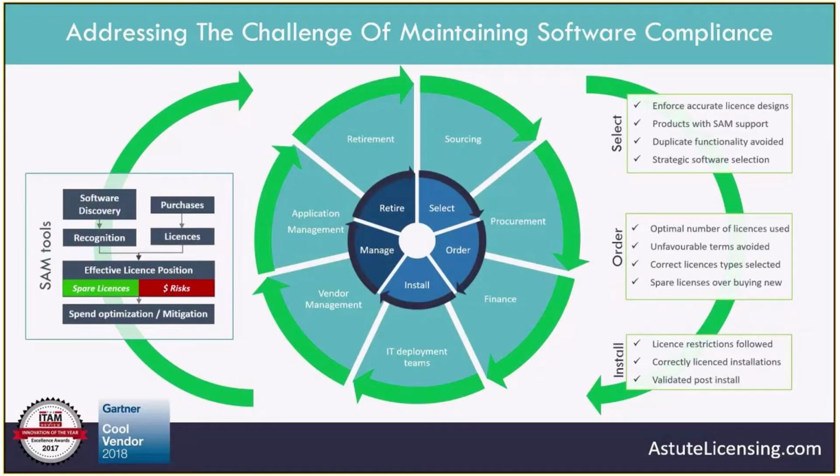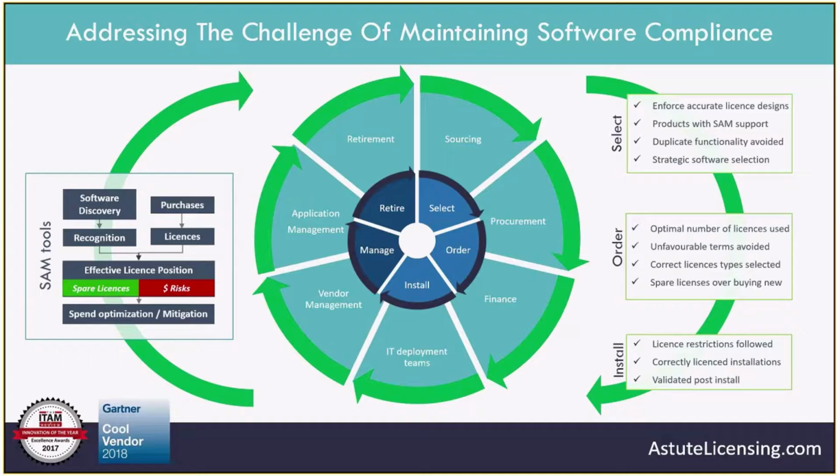So this is our view of how we need to help this, is that our software asset management governance, our IT asset management governance, supports the whole life cycle from start to finish. So we're helping the organization ensure that they get license designs correct, that buying products with our support, we're avoiding buying duplicate functionality, and we're aligning our software selection with the strategy of the organization. As we buy software, that we get the right amount of licenses, that we avoid unfavorable terms and conditions, that we buy the right license types and the correct amount, and that we do use our spare licenses over buying new.